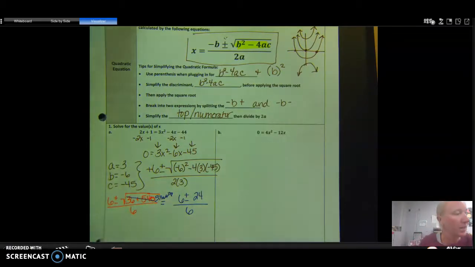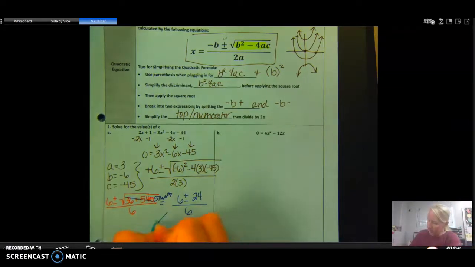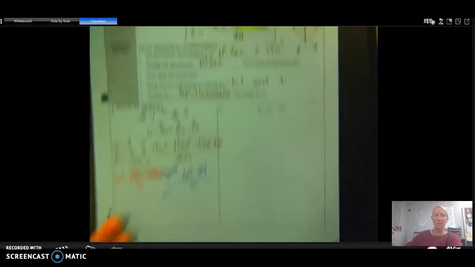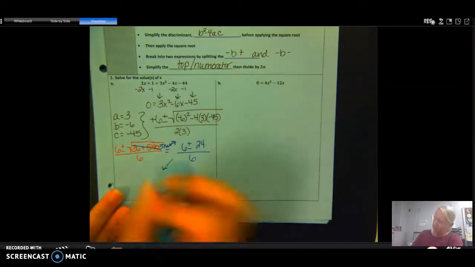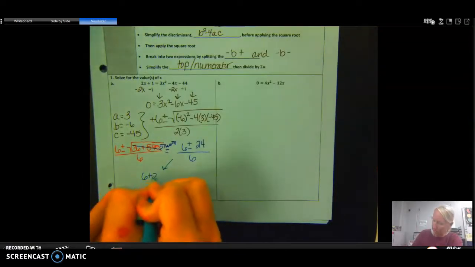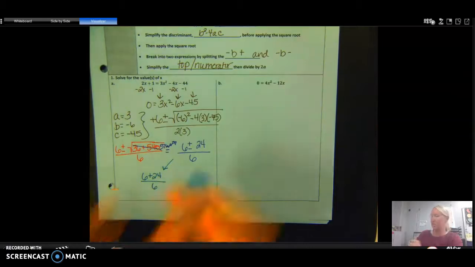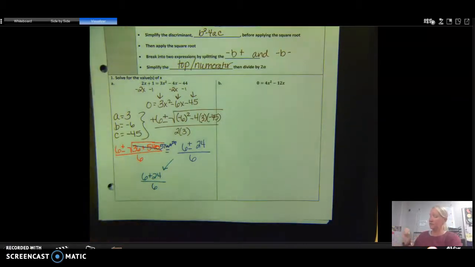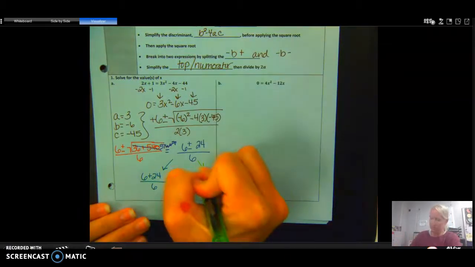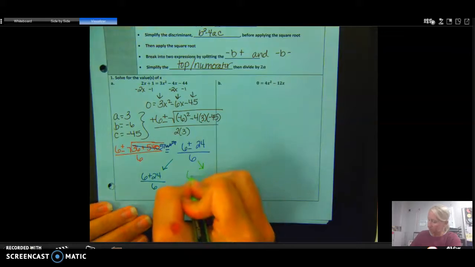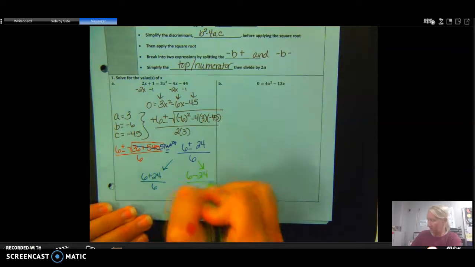Now, this is when we have our two equations. We've got two different colors. I don't know if you're going to be able to tell they're two different colors. The first equation is where I do 6 plus 24 over 6. The second equation is where I do 6 minus 24 over 6.